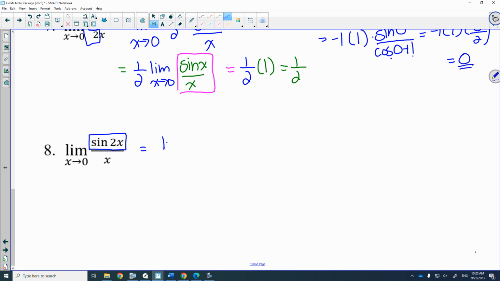So I could rewrite this as the limit as x approaches 0 of, sorry, double angle for sine is 2 sine of x cos of x all over x. Okay, the limit of a constant is the constant.